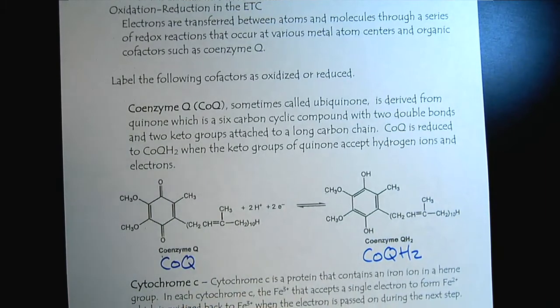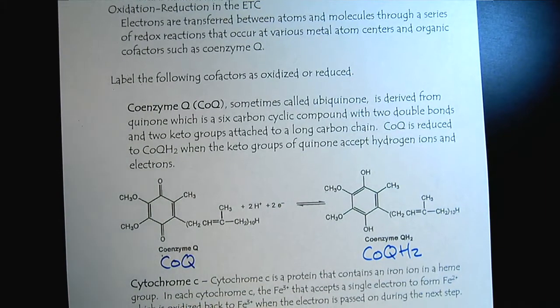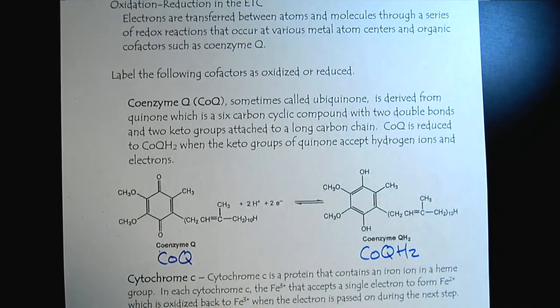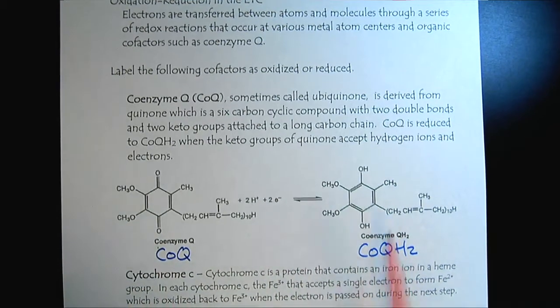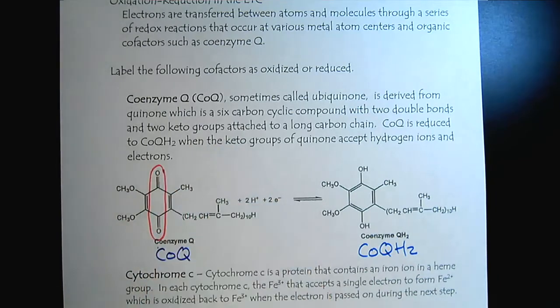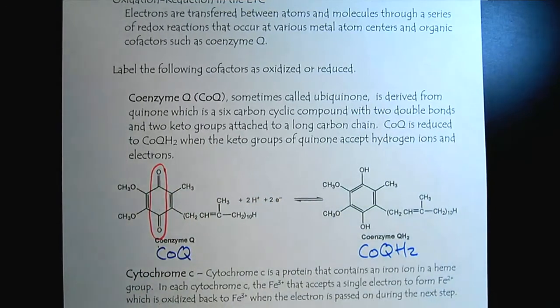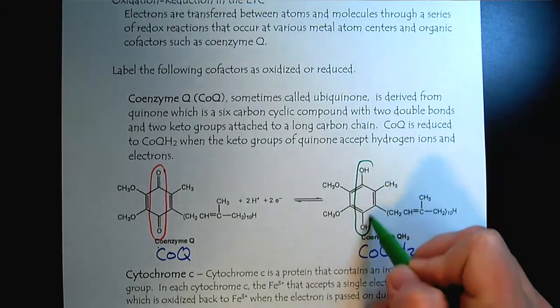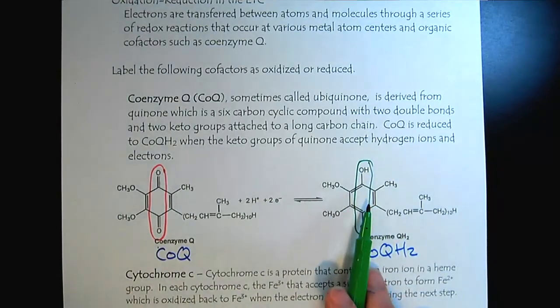So let's look for the changes that are occurring and recognize which form is the oxidized form and which form is the reduced form. As we compare and contrast the different structural features, we notice that we have ketones here and we have alcohols here. And then notice the formation of the aromatic ring.